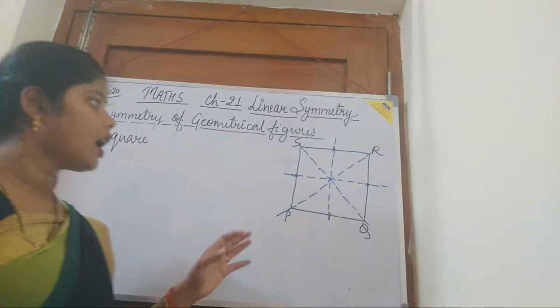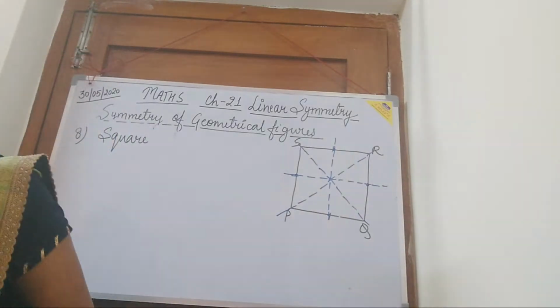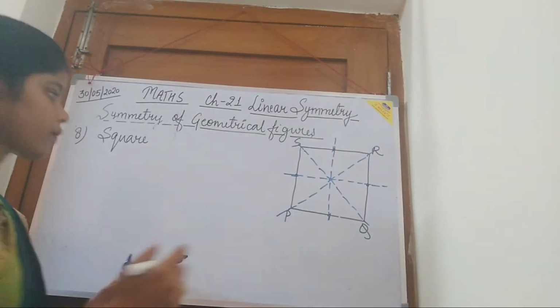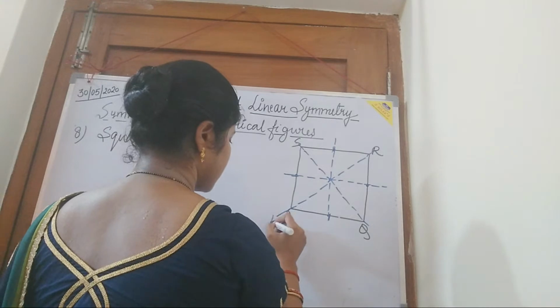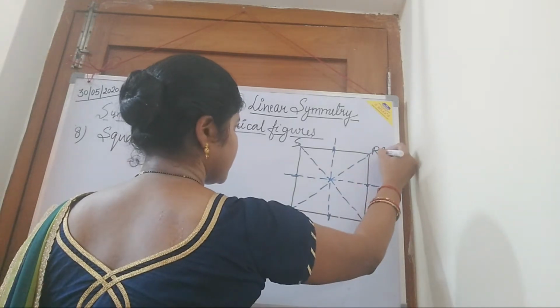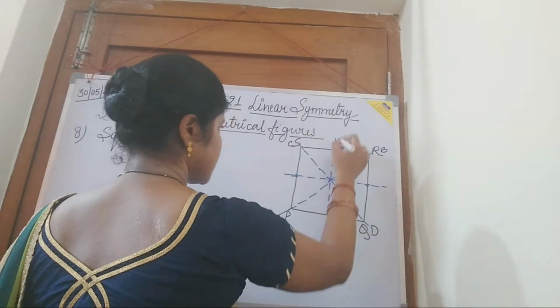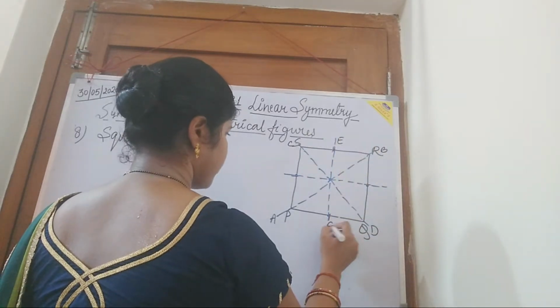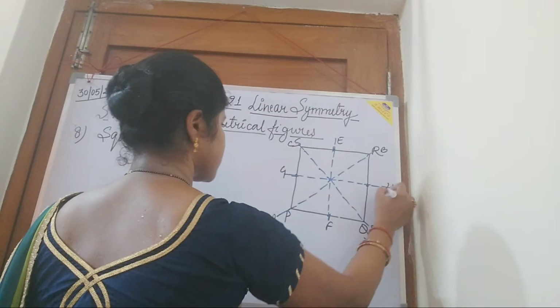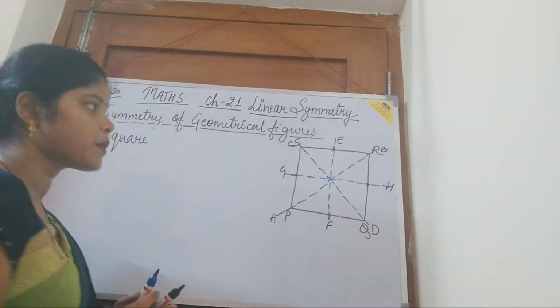Here, just name these lines of symmetry AB, CD, EF and GH. So how many lines of symmetry do we have here?